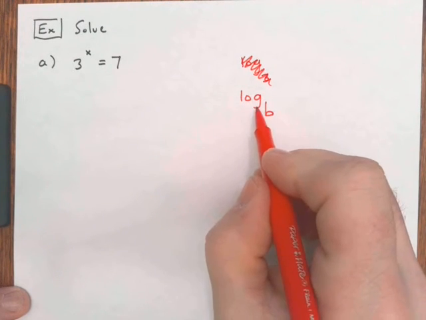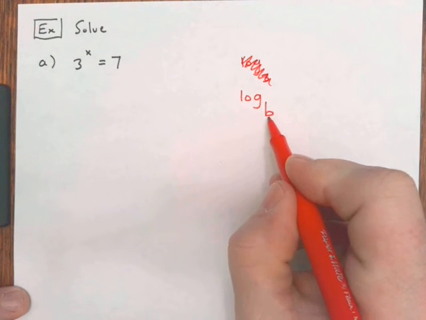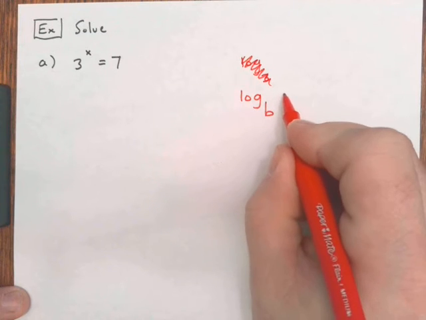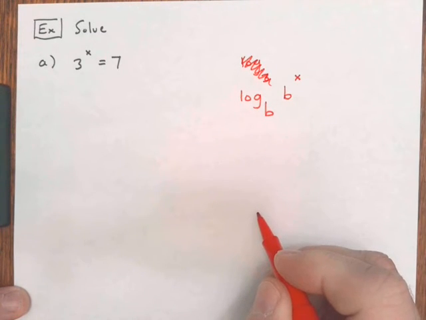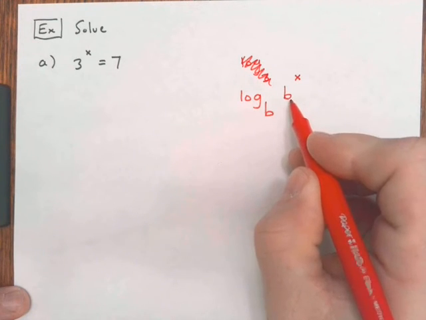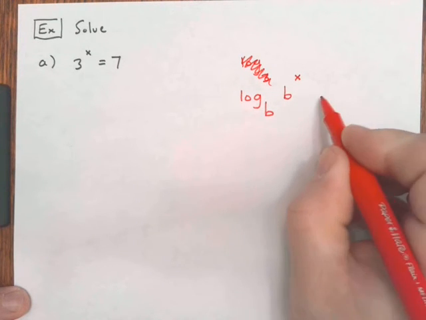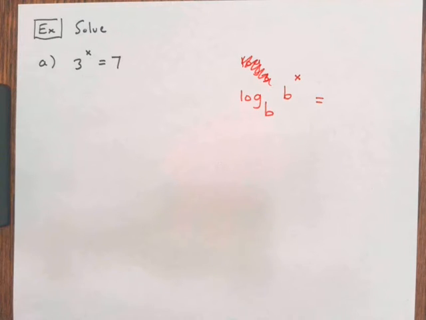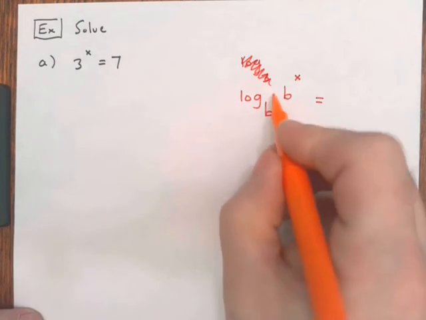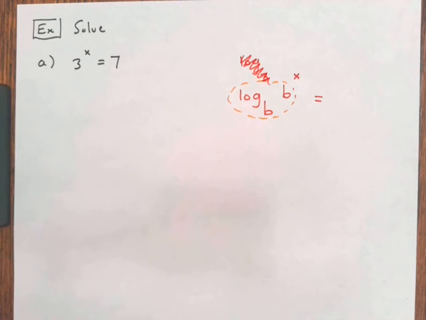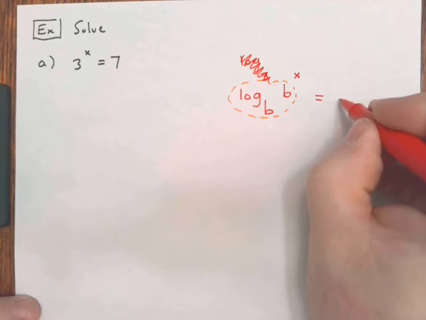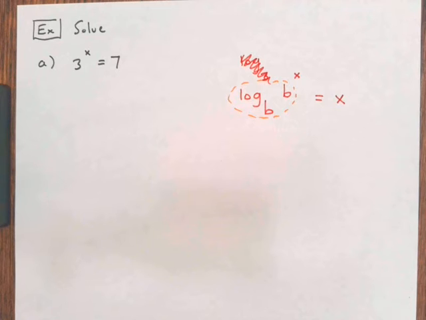In the book, the formula says if you have log with a particular base and you're taking the log of an exponent with that same base, so the base of the log and the base of the exponent are the same, then both of the bases and the log cancel out and they just give us an answer of the exponent.